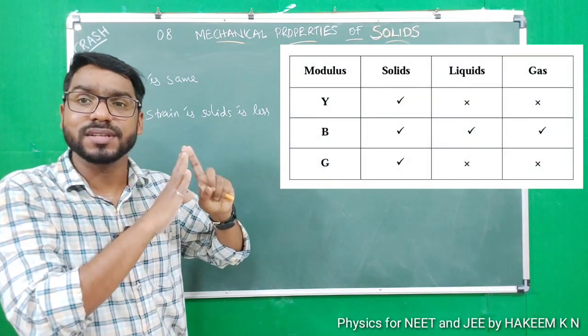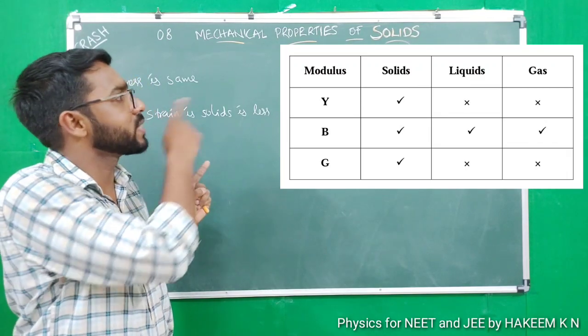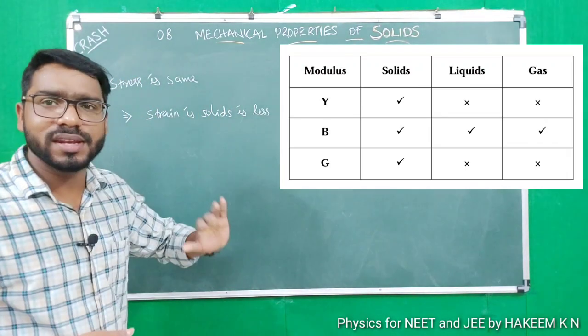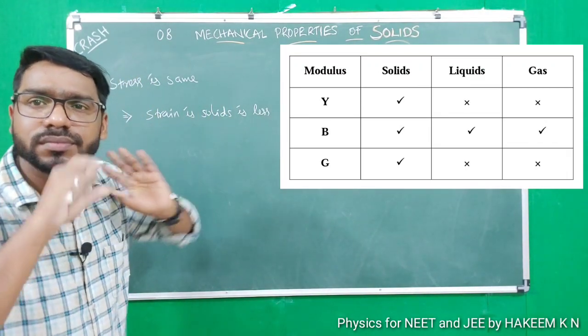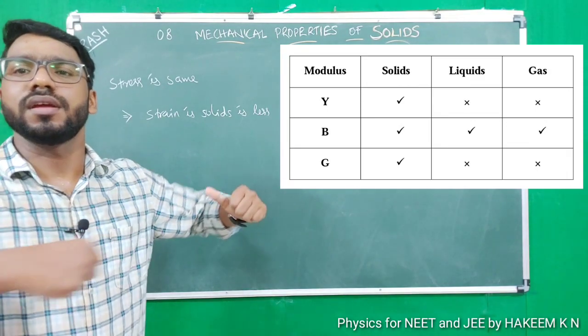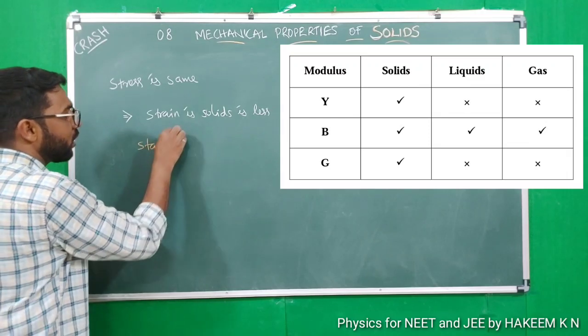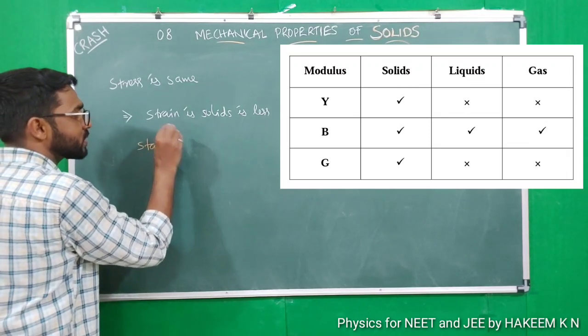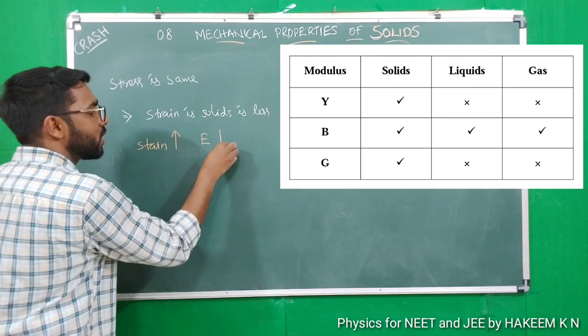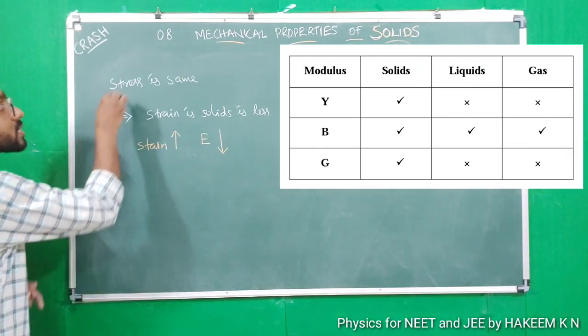When the same stress is applied in solids, liquids and gases, the strain in solids will be very small and the strain in gases will be large. So as strain increases, elasticity decreases for the same stress.